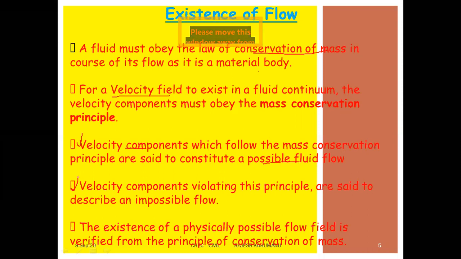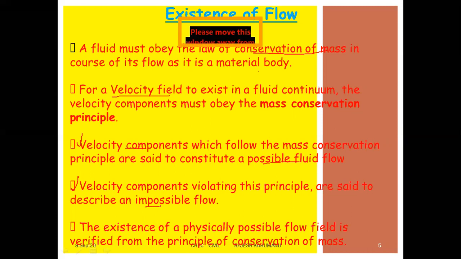Velocity components violating this principle are said to describe an impossible flow. So whenever these components obey the law of conservation of mass, we can say these are possible fluid flows. Whenever the velocity components violate and do not agree with the principle, we say it is an impossible flow.